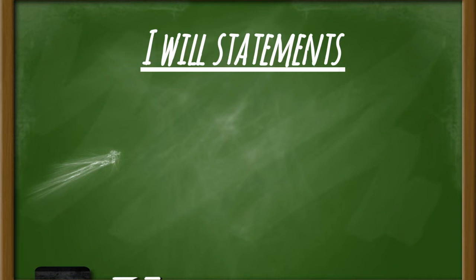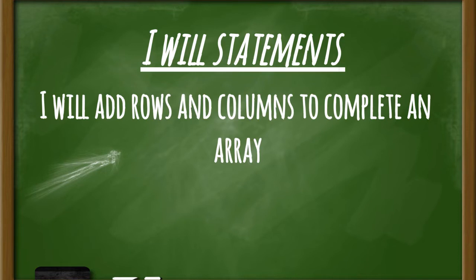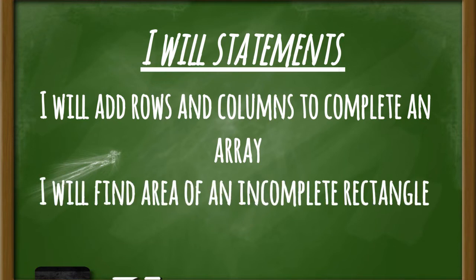Let's go over our I will statements for today. Listen first. I will add rows and columns to complete an array. Read and say it with me. Ready? I will add rows and columns to complete an array. Nicely done. Listen to the next one. I will find area of an incomplete rectangle.